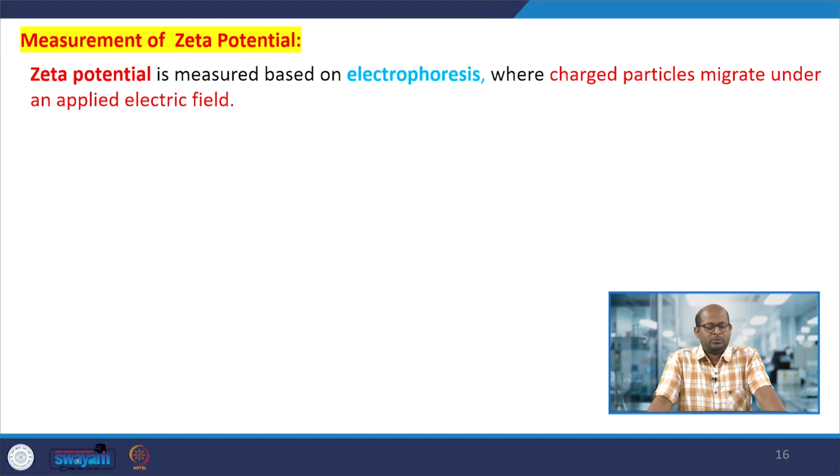So next, measurement of zeta potential. How can we measure zeta potential experimentally? It is based on electrophoresis, where charged particles migrate under an applied electric field.